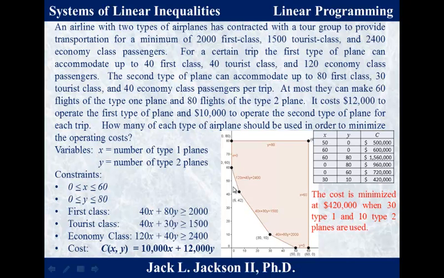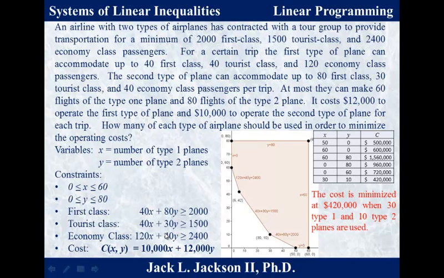And then finally we erase this little bit here because for the economy class we have 120X plus 40Y is greater than or equal to 2,400, and so that erases a bit here. And the only thing left is this part here, which is shaded. There are 7 equations, 1, 2, 3, 4, 5, 6, 7, and there's a 7-sided polygon here.